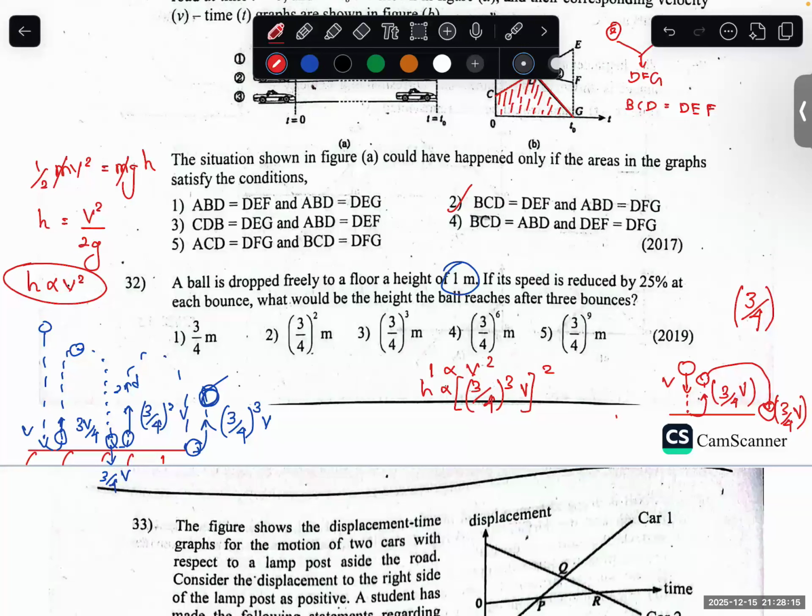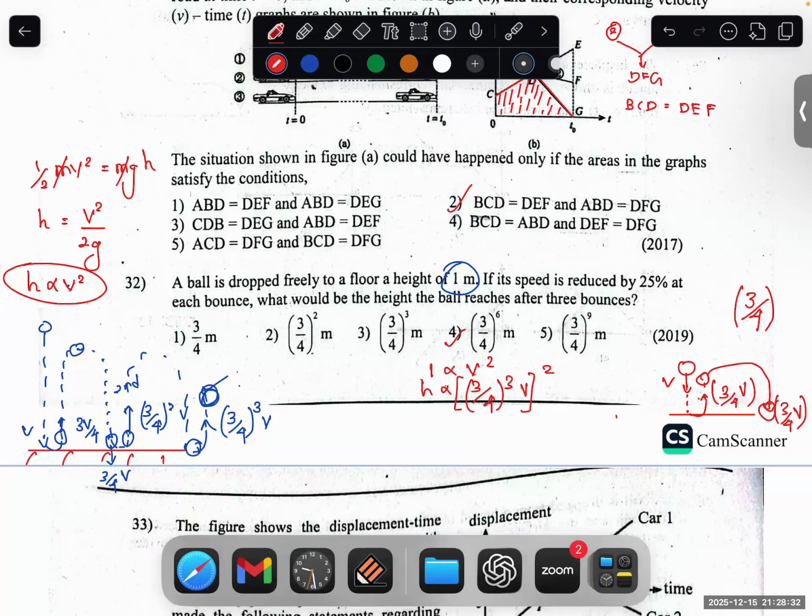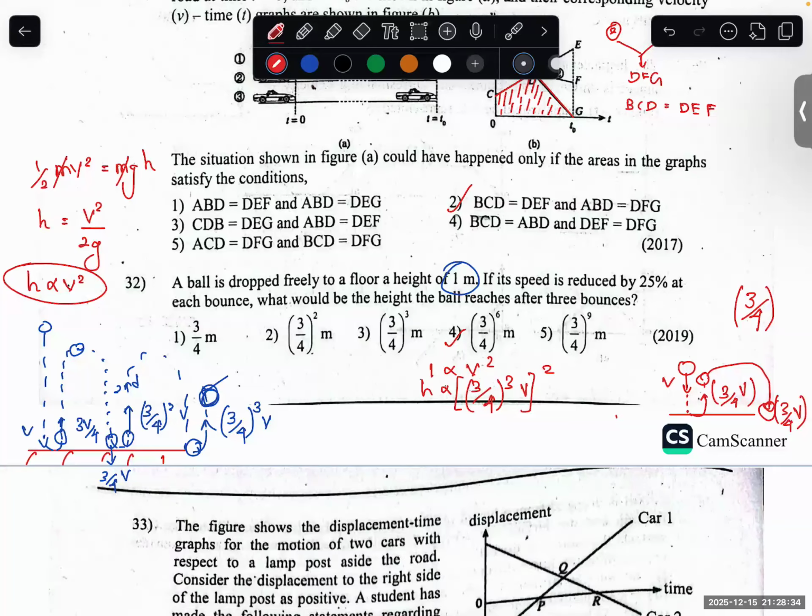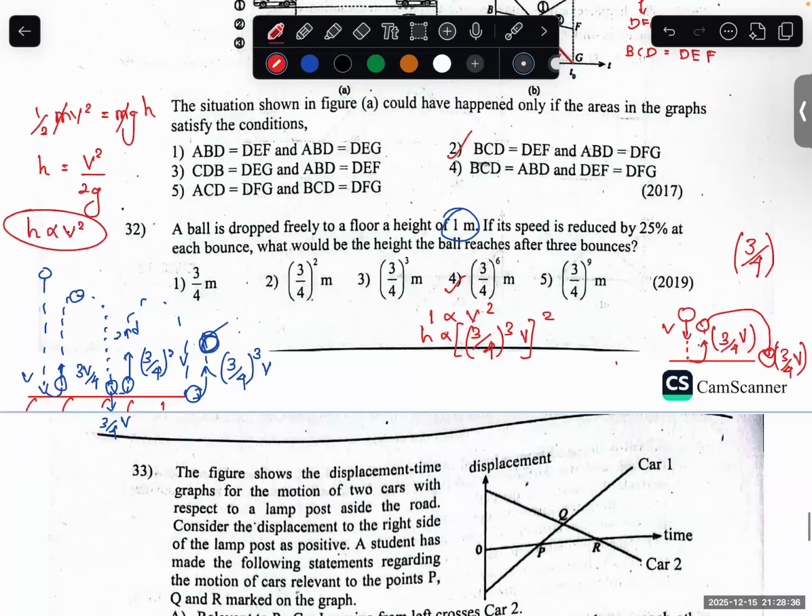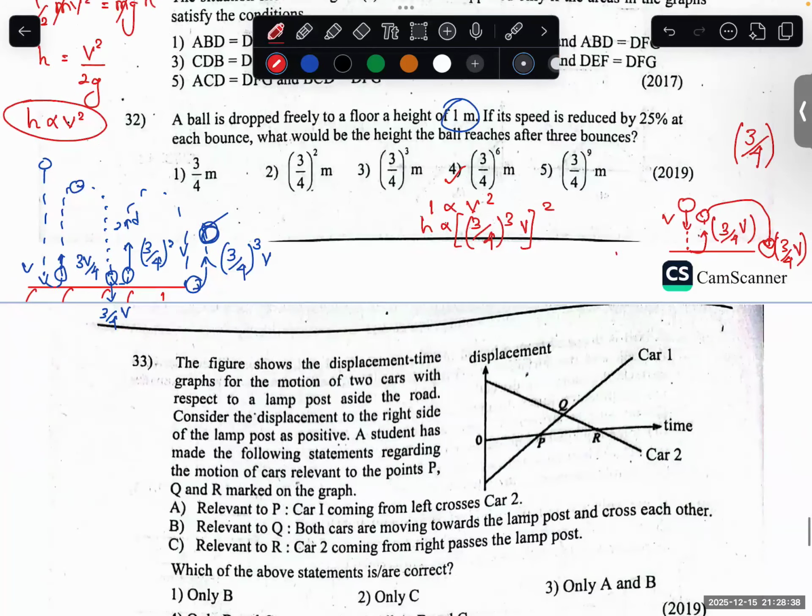Squared is for the velocity. And then if you solve it, what is the answer? Fourth one. Yes. Any questions?